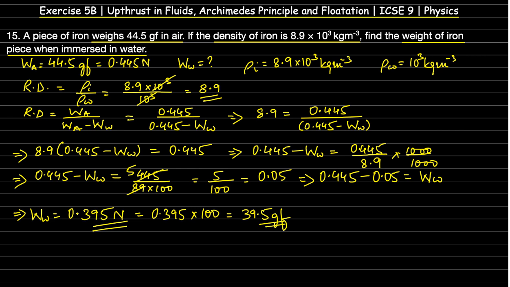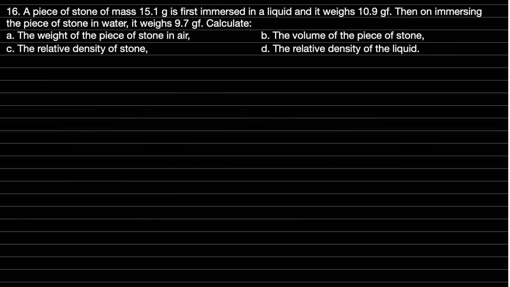So getting to the next question, that is the 16th question. It's a pretty long question actually. A piece of stone of mass 15.1 grams. So mass is given as 15.1 grams. I would underline that.